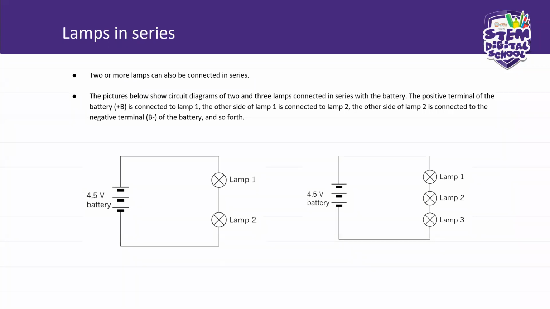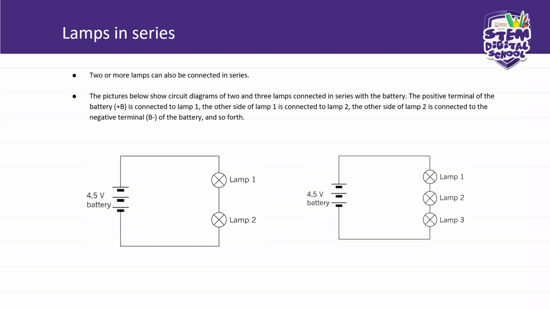Okay, what are we using to connect? We use the conductor. The other side of lamp 2 is connected to the negative terminal of the battery.